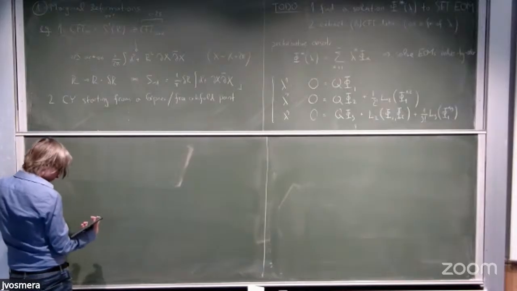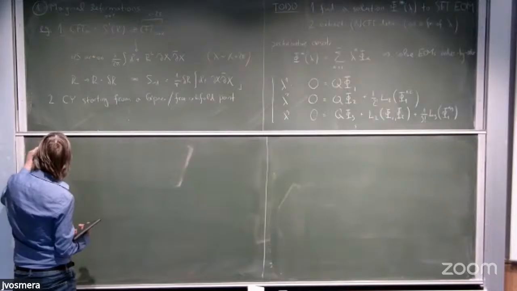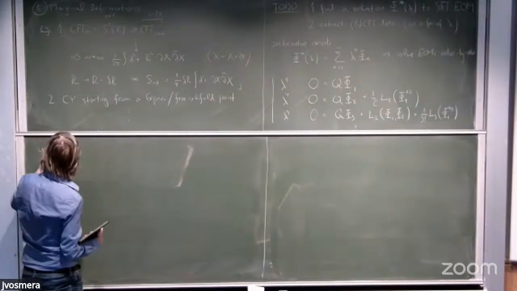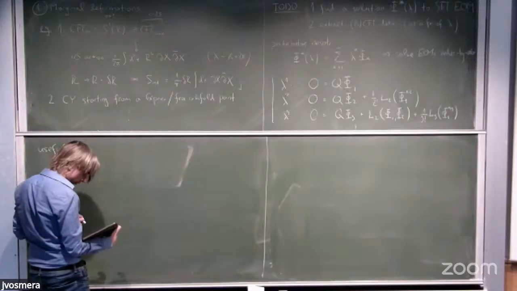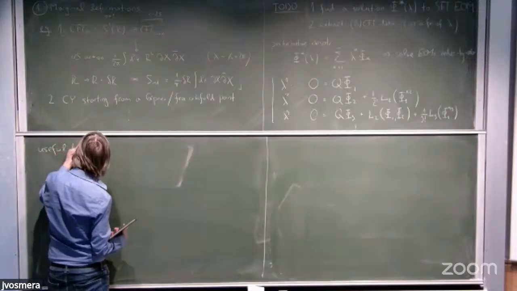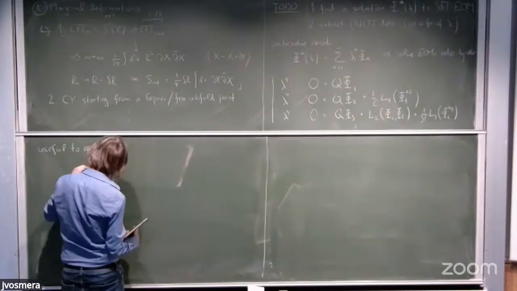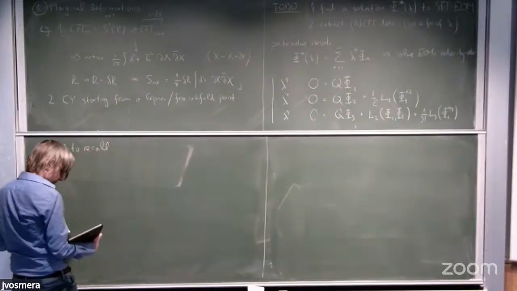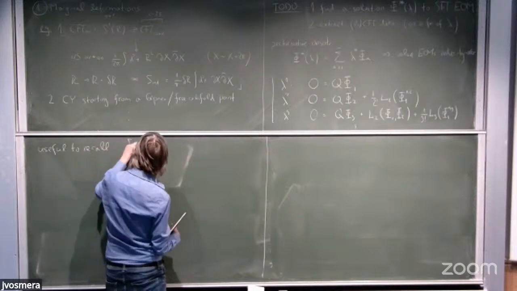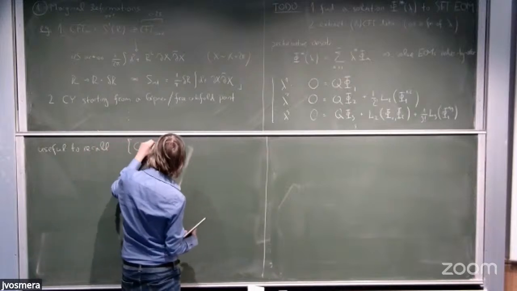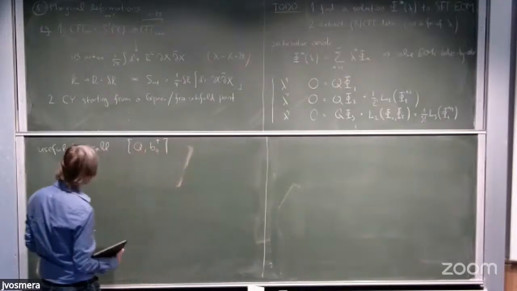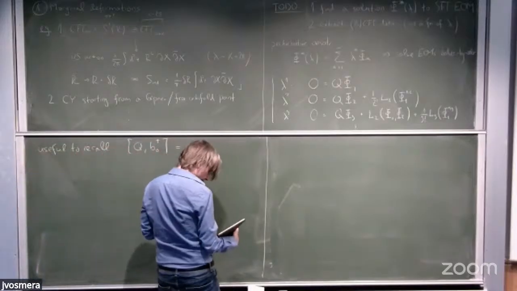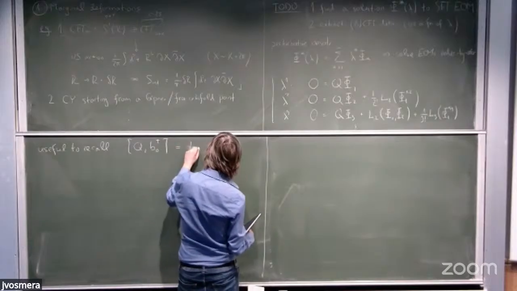So let's do that. Before we try to solve these conditions, it is useful to recall some facts which we already stumbled upon during the first two lectures. You remember that the anticommutator of this BRST charge Q with b0 plus was equal to L0 plus.